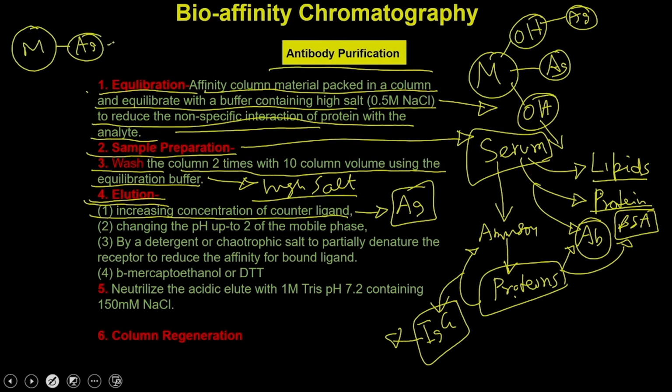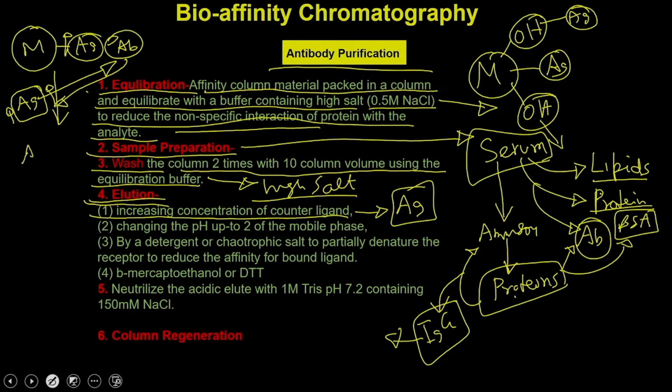So, this antigen is going to bind the antibodies, and once you add the same antigen, which is the free flow antigen, it is going to compete for the antibodies, and because the amount of this antigen is very high compared to the antigen which is bound to the matrix, the antibody is going to bind this antigen instead of binding to the matrix.